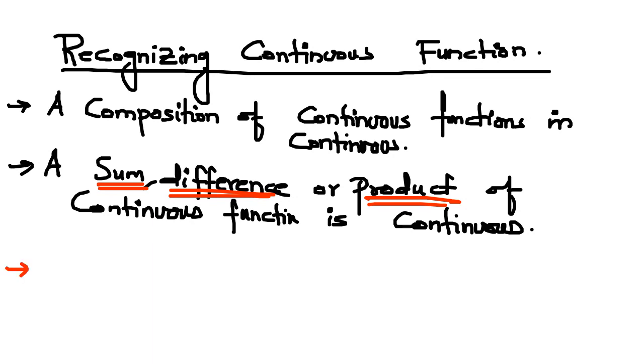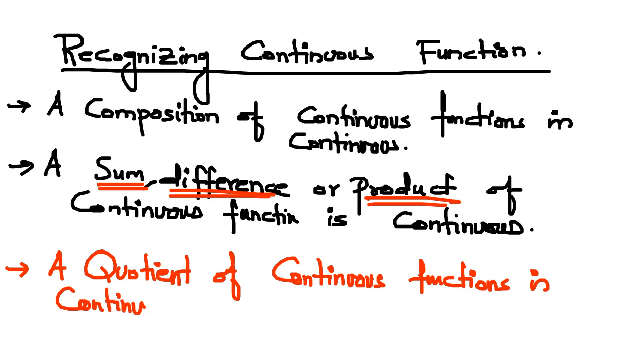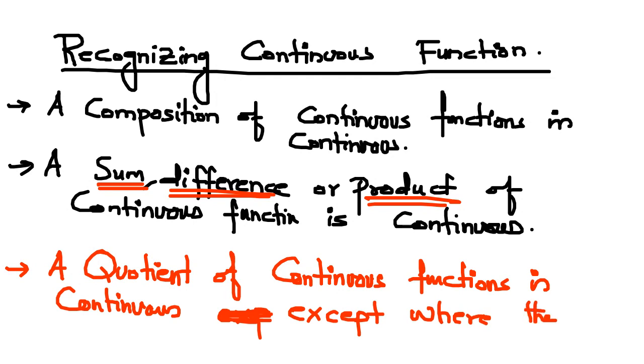Now the third part is about the quotient rule. A quotient means if the functions divide, the quotient of continuous functions is continuous, but there is a condition, except where the denominator is 0.